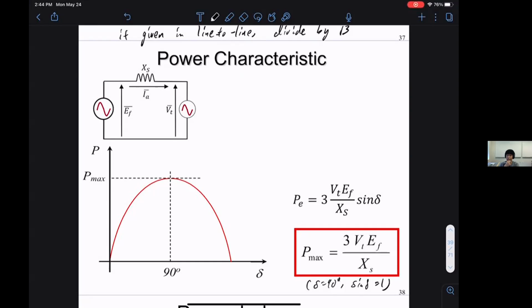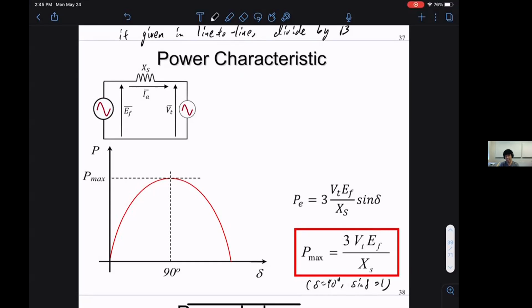Any questions about this? Yeah, go ahead. When you're trying to maximize the power, then you're trying to maximize E_F and minimize the inductance, but they also depend on each other, right? So you cannot do much about X_S. That's internal to your machine. It just depends on the wiring of your machine.